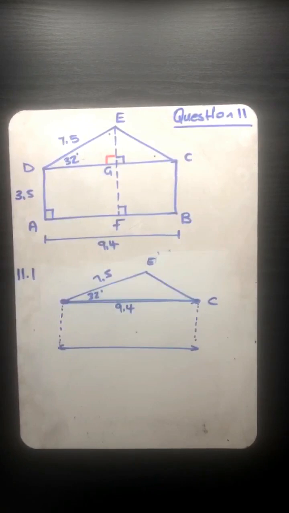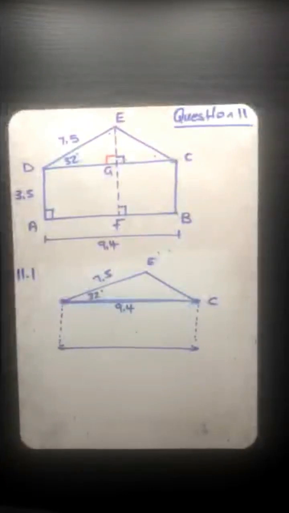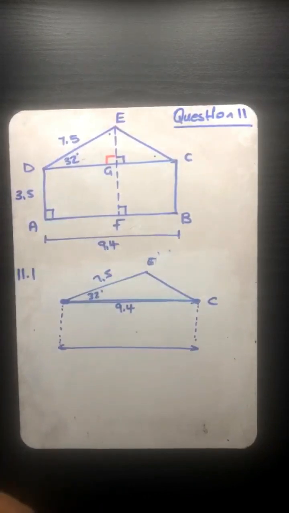Sir, I have a question. Why did you write the value of that base at the bottom, sir? Order, order, honorable members. Honorable member, can you withdraw that?